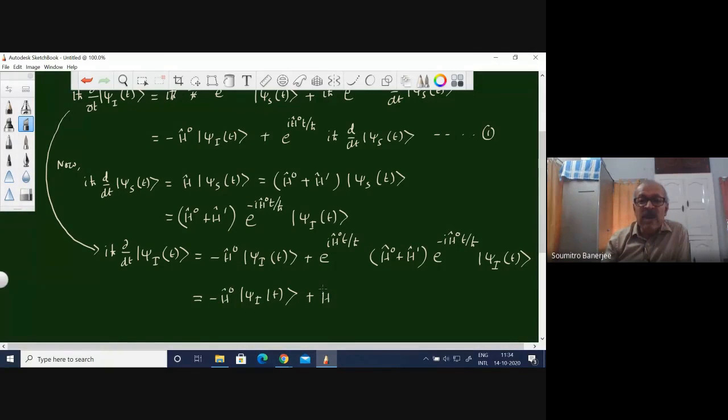So I get only H naught psi I of t, which actually cancels off, leaving us with this term: e to the power i H naught t by H cross, H dash, e to the power minus i H naught t by H cross, psi I.